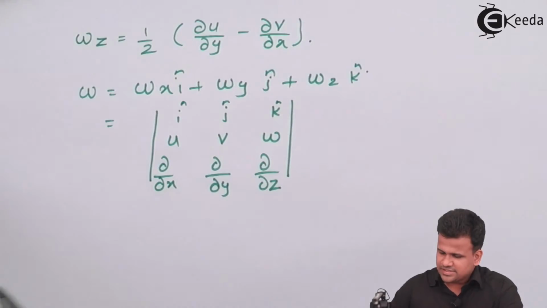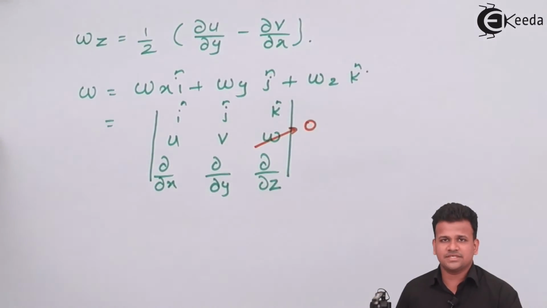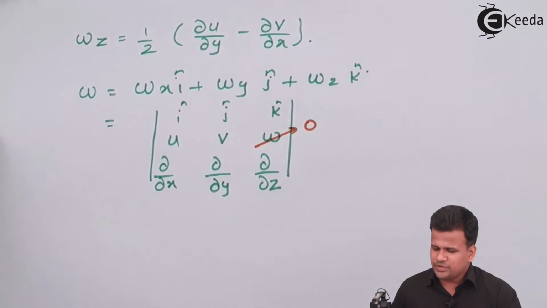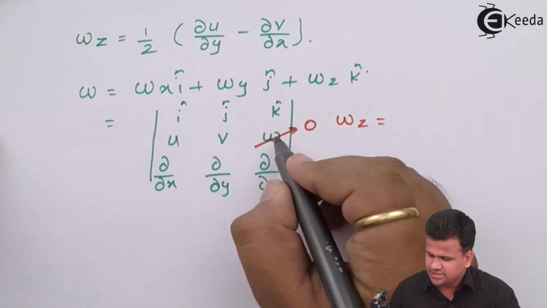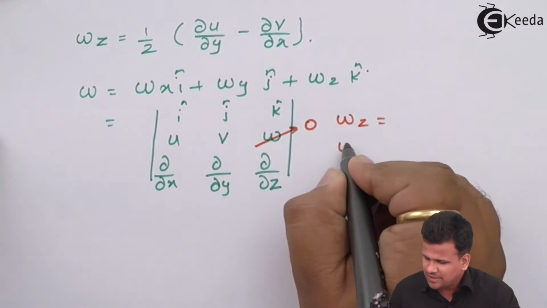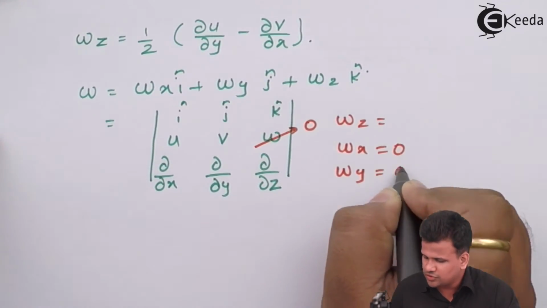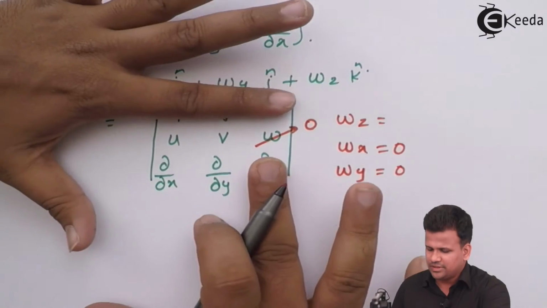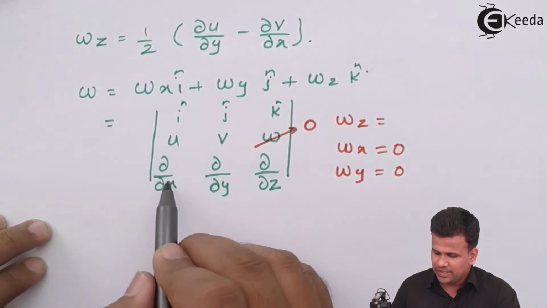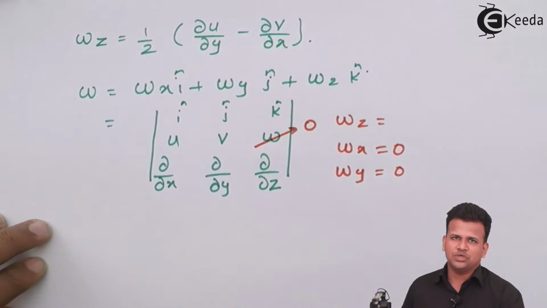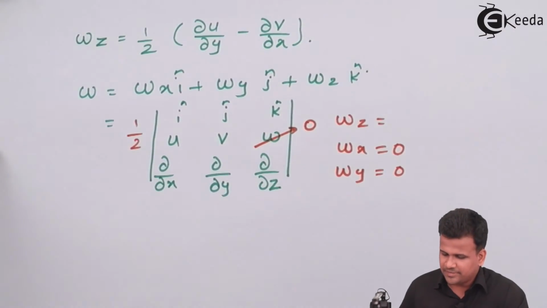Since the velocity component along the z direction is 0, what you will get is only omega z. Omega x will be 0 and omega y will also be 0. So you can calculate the determinant by covering these two, that is dou u by dou y minus dou v by dou x, and this entire determinant will be multiplied by half.